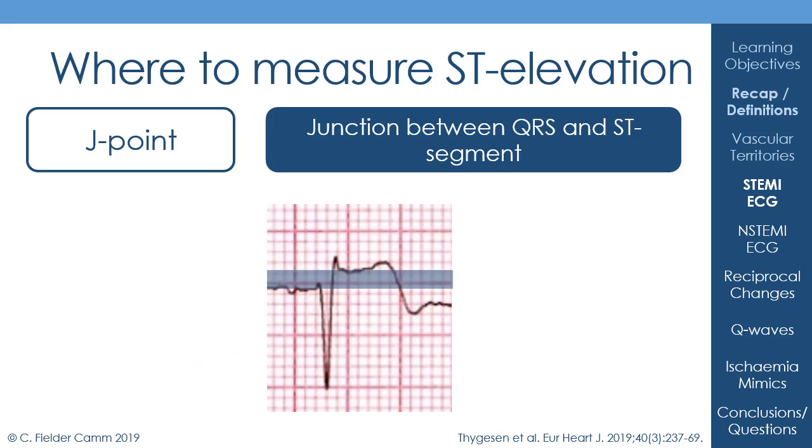So we can run a bar here between the J point and the reference point, and you can see that actually it's quite significant ST elevation, but it's less significant than using the sort of isoelectric point after that T wave on the far right of the diagram, but it's also more significant than if you'd measured that ST elevation right in the middle of the ST segment where it's a bit lower. So really the reference point is that PR interval just before the QRS complex, and the point to measure the ST elevation is the J point.